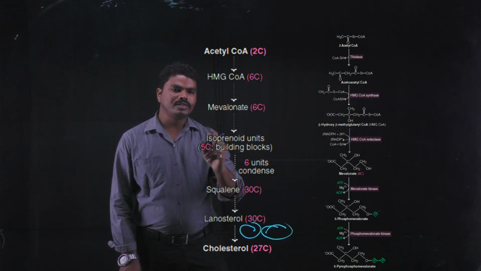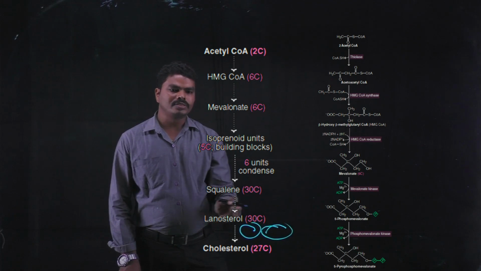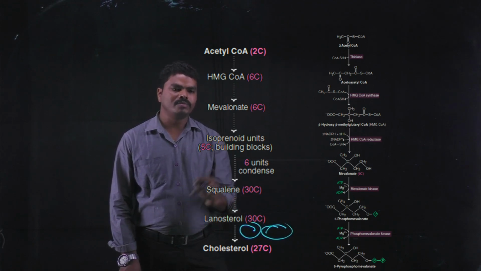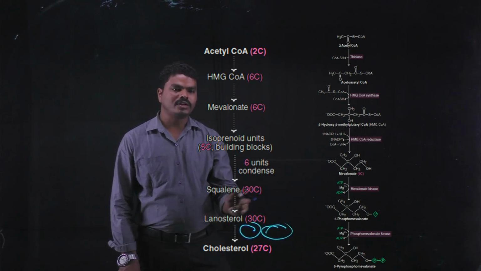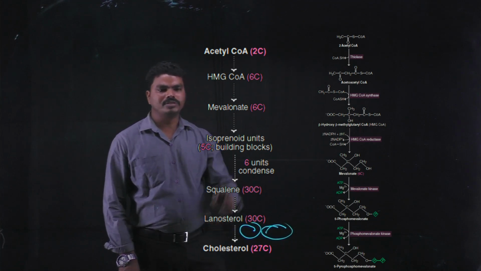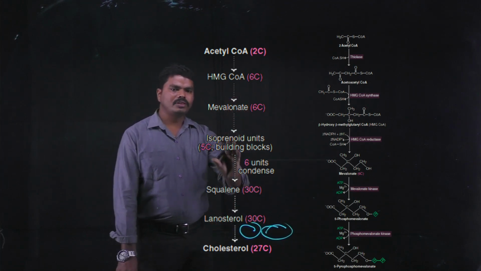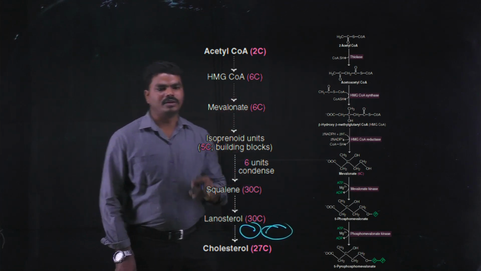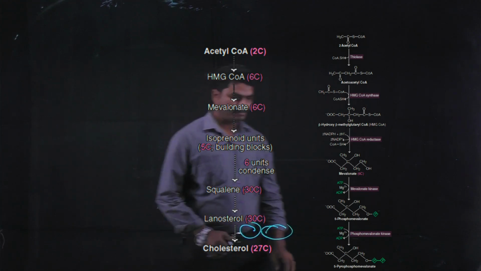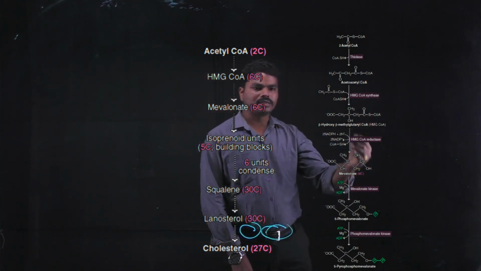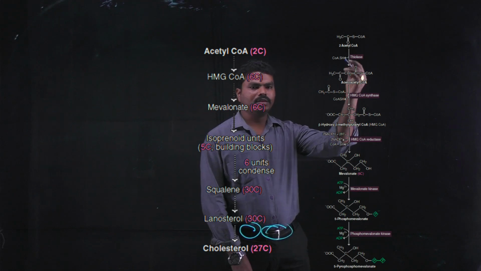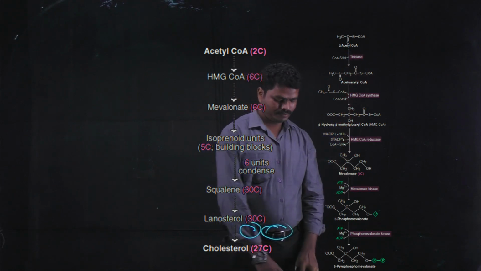So 5 into 6, 30 carbons, are present in squalene. Then it will be converted to lanosterol, which is also a 30 carbon molecule, and lanosterol is converted to cholesterol. So these are the major steps involved in the biosynthesis of cholesterol. Okay, so here we can see the structural modifications from acetyl CoA to cholesterol.